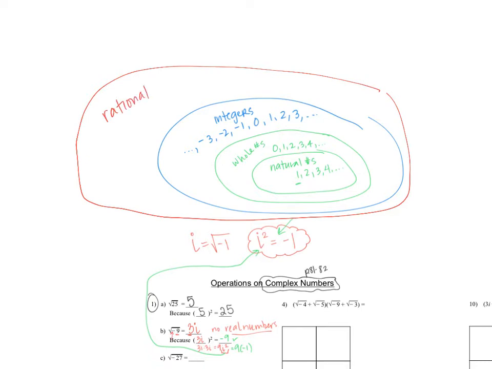So all of the numbers that we talked about so far are rational. These negative 3, negative 2, negative 1, all these whole numbers and all the natural numbers. But we also have other things like 1/2 or 2.75. It's any number that can be written as a fraction of two integers.